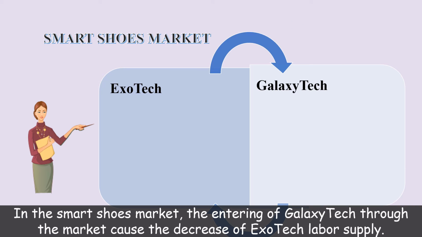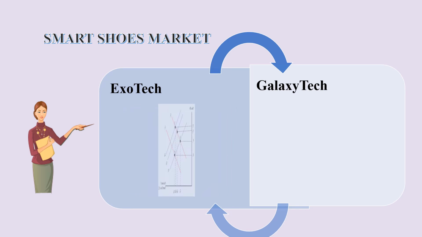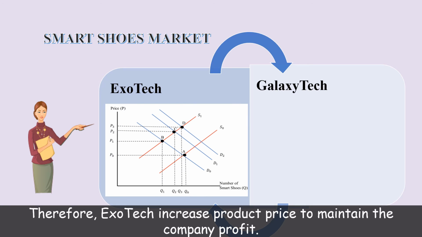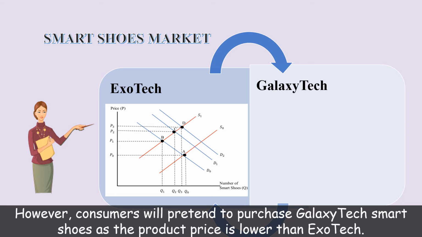In the smart shoes market, the entering of GalaxyTech caused the decrease of Exotech product supply. Therefore, Exotech increased product price to maintain the company profit. However, consumers will prefer to purchase GalaxyTech smart shoes as the product price is lower than Exotech.